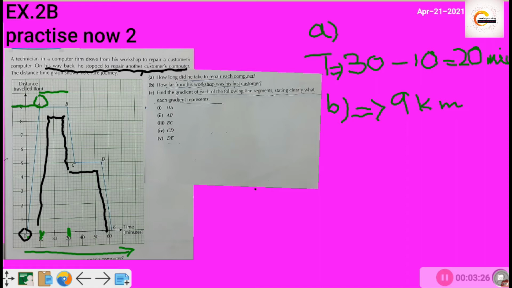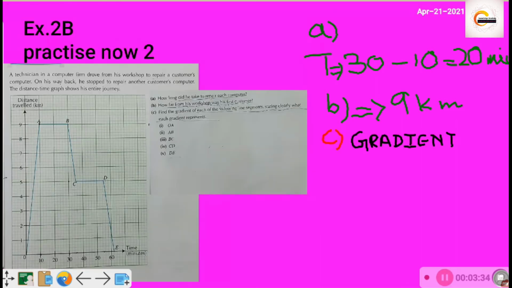Okay, part C, we have to find out the gradient of each of the following line segments, stating clearly what each gradient represents. So we have to find the gradient of OA, AB, BC, CD and DE. It's very simple.